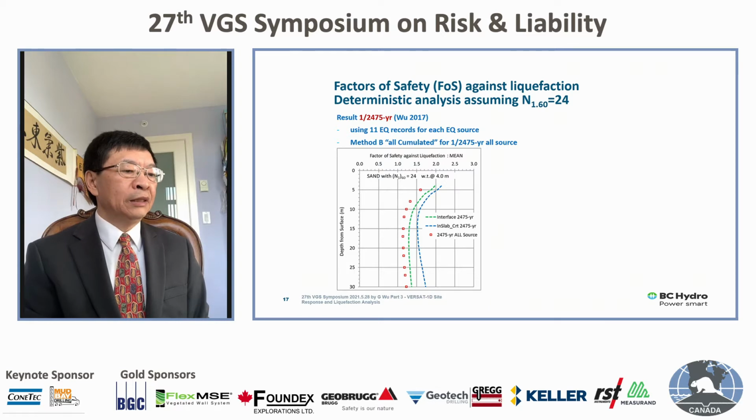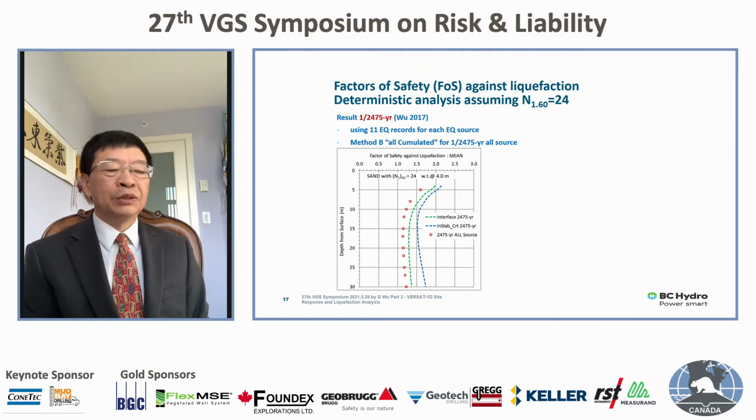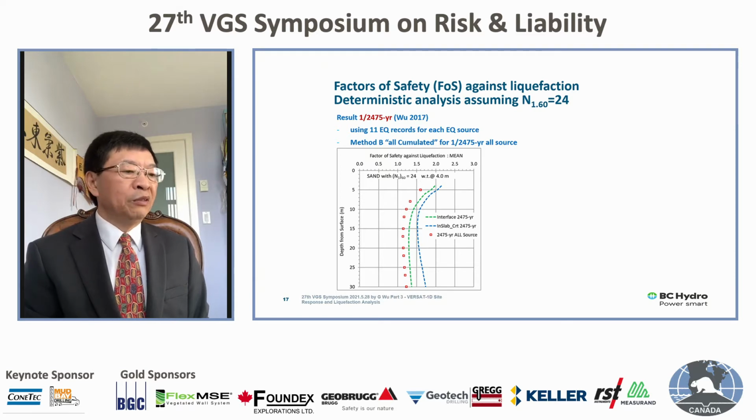Again, the blue one is if you apply the 1 in 2475 year ground motions from the M7, which is a non-interface earthquake, and the green dash shows you the factors of safety if you use the 1 in 2475 year spectrum and match the time histories for the M9 interface earthquake. I'm talking about an individual spectrum for M7 and an individual spectrum for M9, both for the 2475 year earthquake.